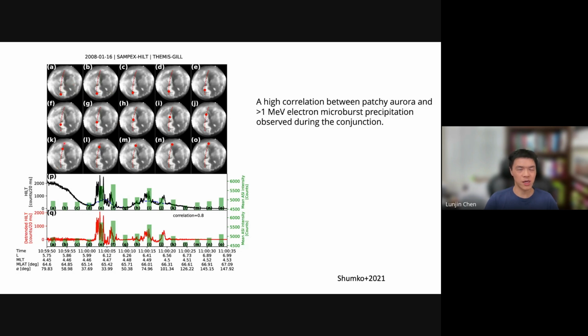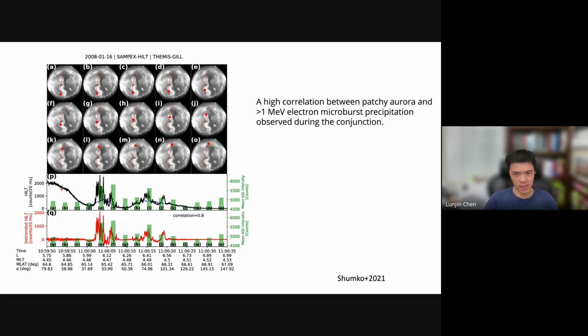On top of that, you have the SAMPEX trajectory mapped to the image. On the bottom is a comparison of the SAMPEX relativistic electron measurement against the intensity of the all-sky image along the trajectory of SAMPEX.